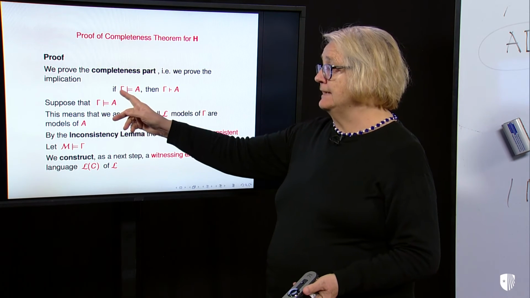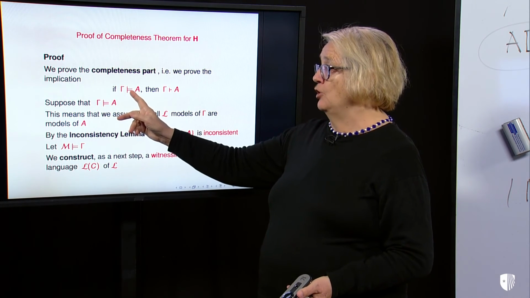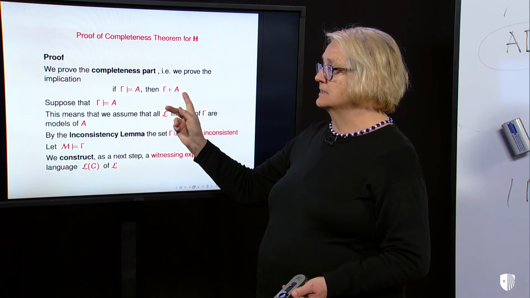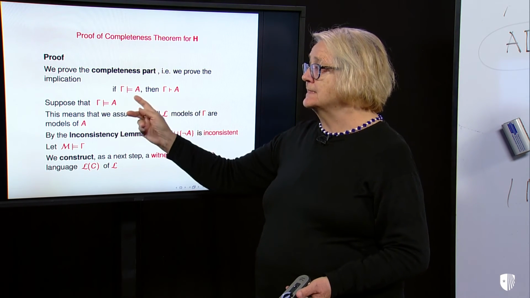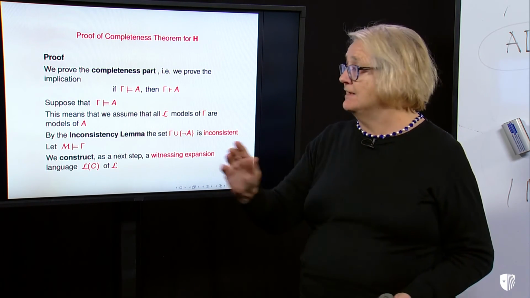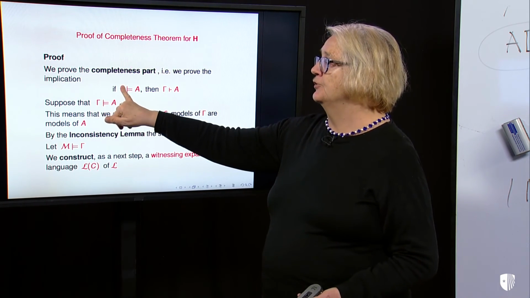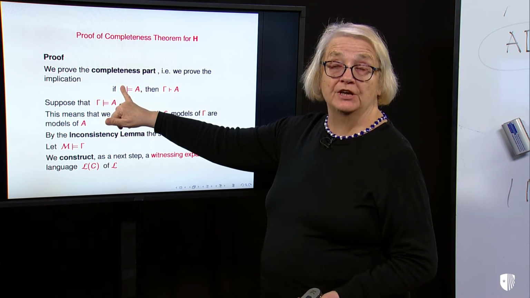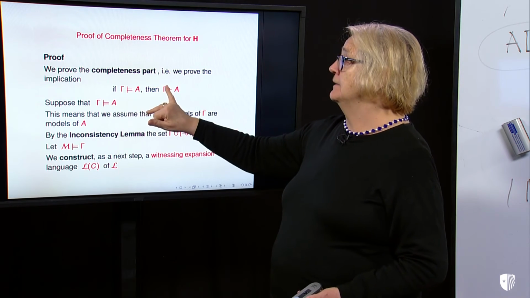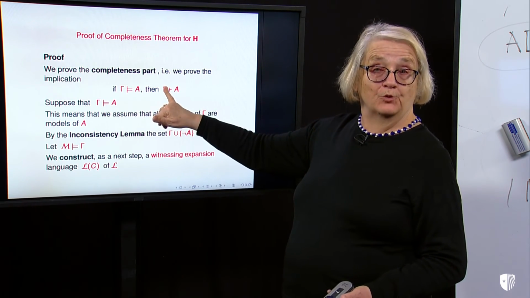The completeness part is: if Gamma logically implies A, then Gamma has a proof. Before, when Gamma was empty, from the information that A is a tautology we deduce that A has a proof.